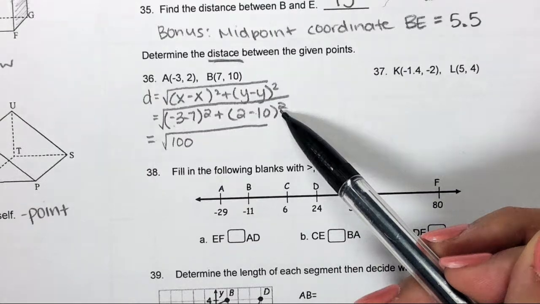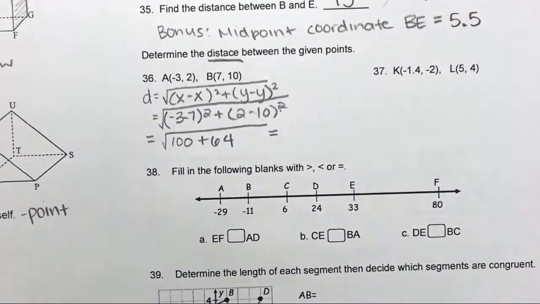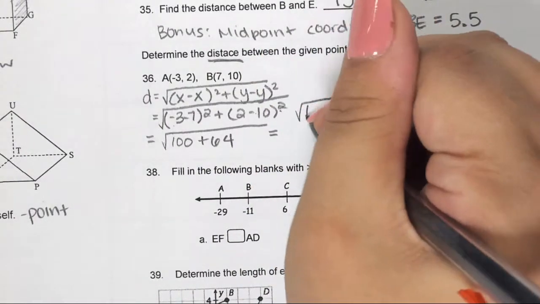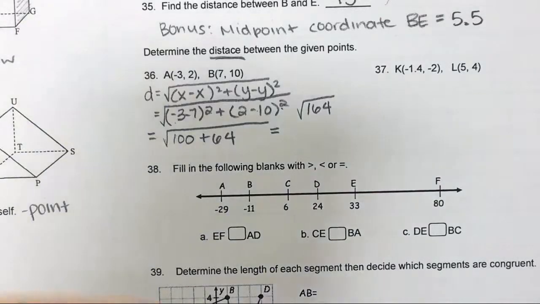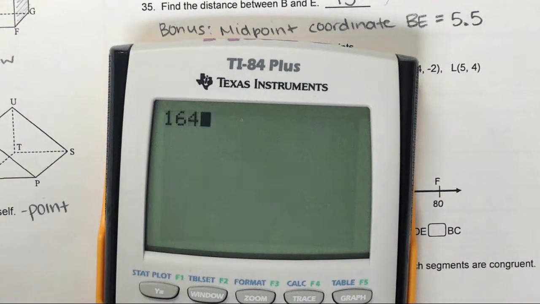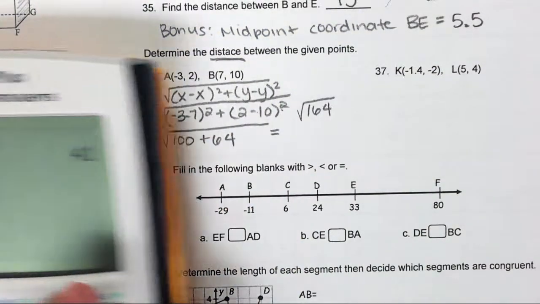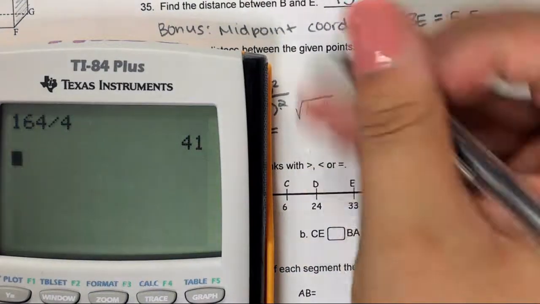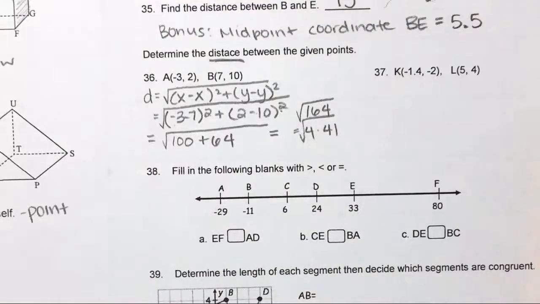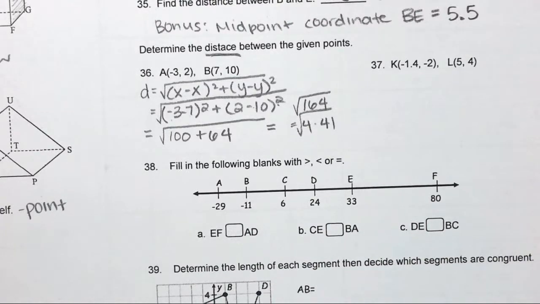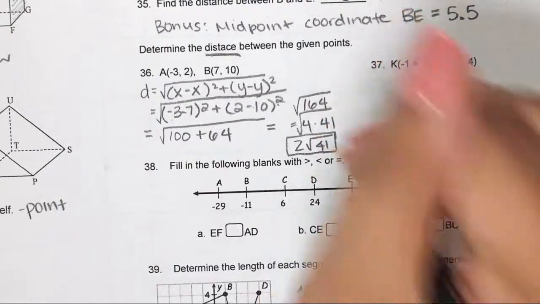What's negative 8 squared? 64. What's 100 plus 64? 164. Now, I don't know. Does 164 divide by anything pretty? Try 4. So 164 is 4 times 41. What's the square root of 4? 2. So it's 2 square roots of 41 is my answer. Oh, is that what you're saying?